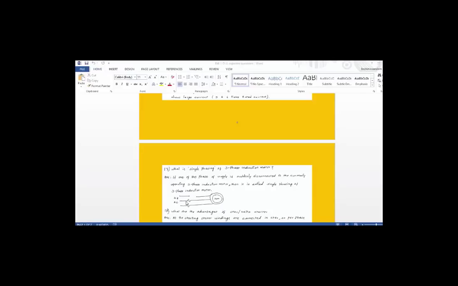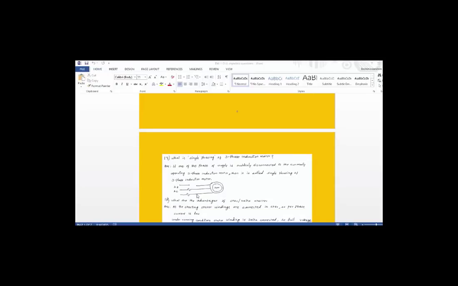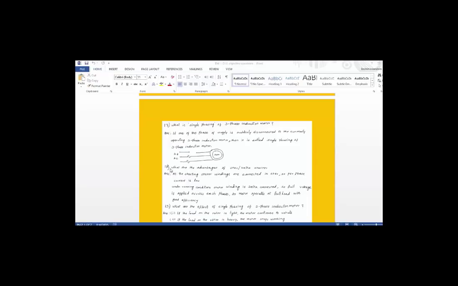Initially all the phases are connected to the three-phase induction motor stator like this, and it is running normally. Then suppose one of the phases blows like this, means supply is disconnected in one phase. In that case, the condition of the three-phase induction motor is called single phasing of three-phase induction motor.